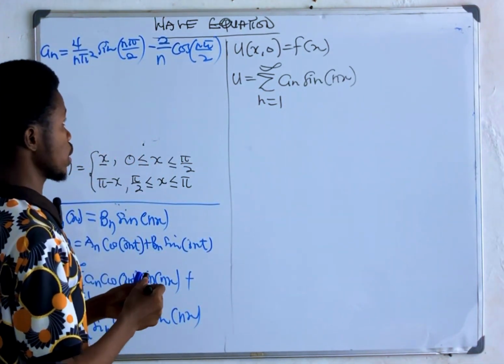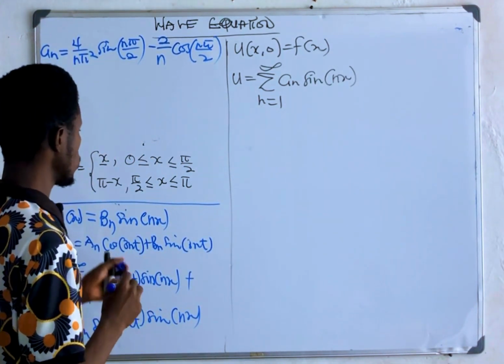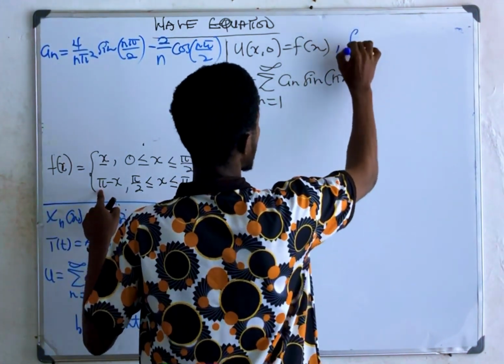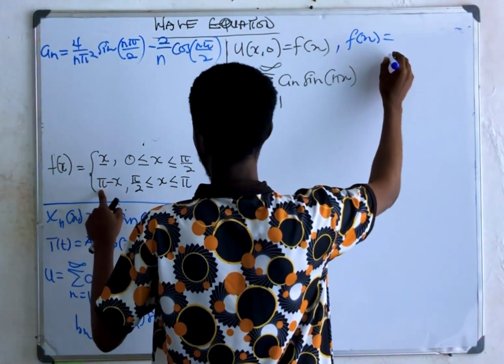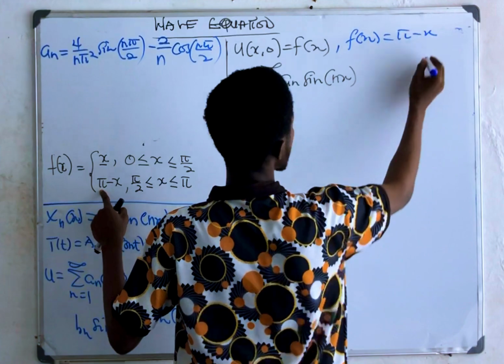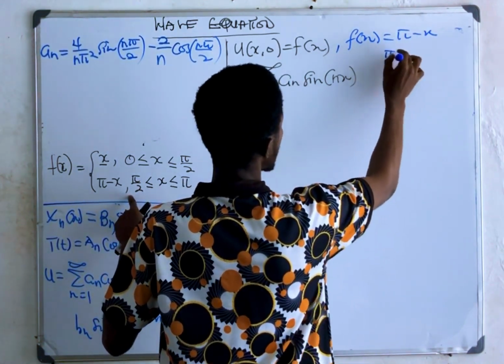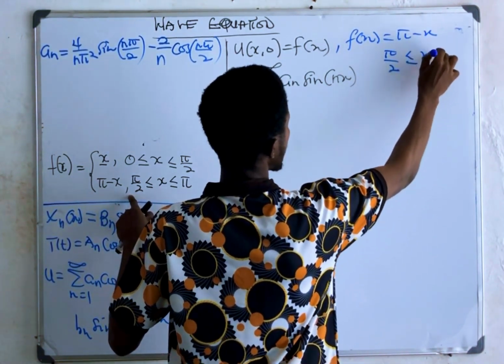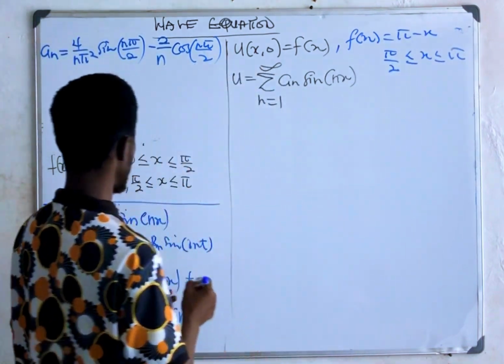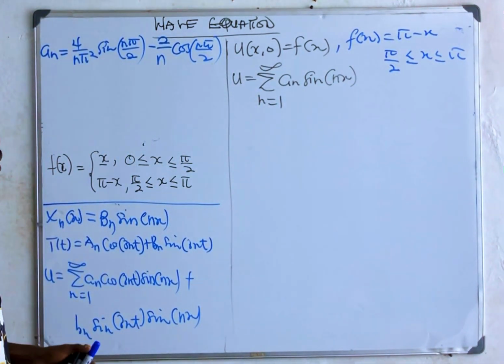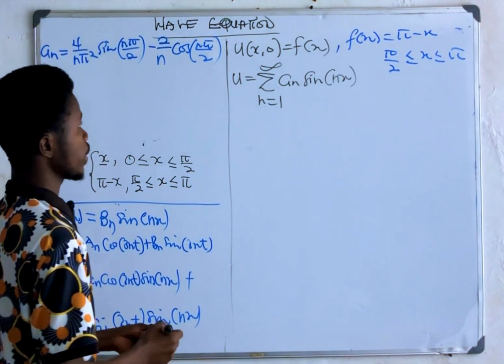But the only thing that changes here is that we are now using f of x, which gives us pi minus x, and it's now using this limit. Is that okay? So you are going to use that one to see the a_n again.